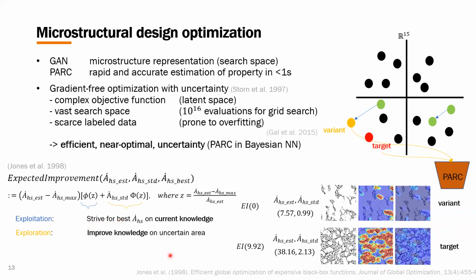Thus, the expected improvement measures the likelihood of observing a more reactive microstructure by balancing the information from exploitation and exploration well. With this optimization process, we drive the population of microstructures into the high regions in the search space, then suggest the candidate microstructure with the highest expected improvement as a result.